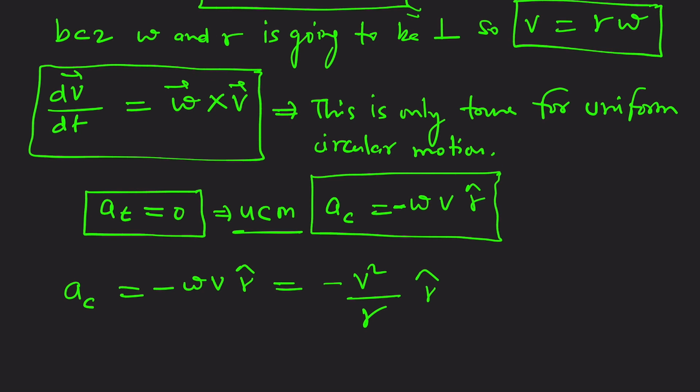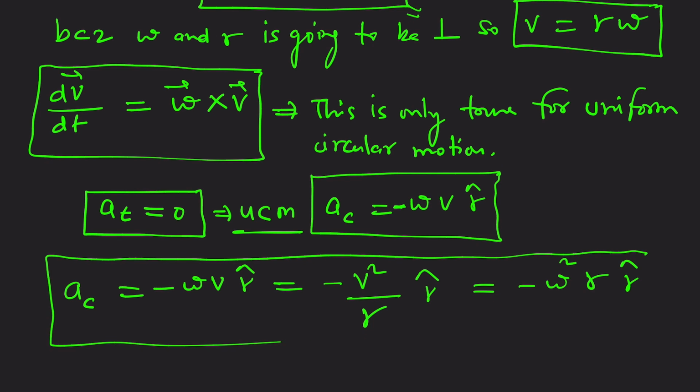This is the second way of writing it. And the third way: if we replace v by r omega in this equation, we get minus omega square r, r cap. All these three are manipulation results of these two equations. We have derived these three different forms of the relationship for a centripetal, and as per the question's requirement we will use them in the future.